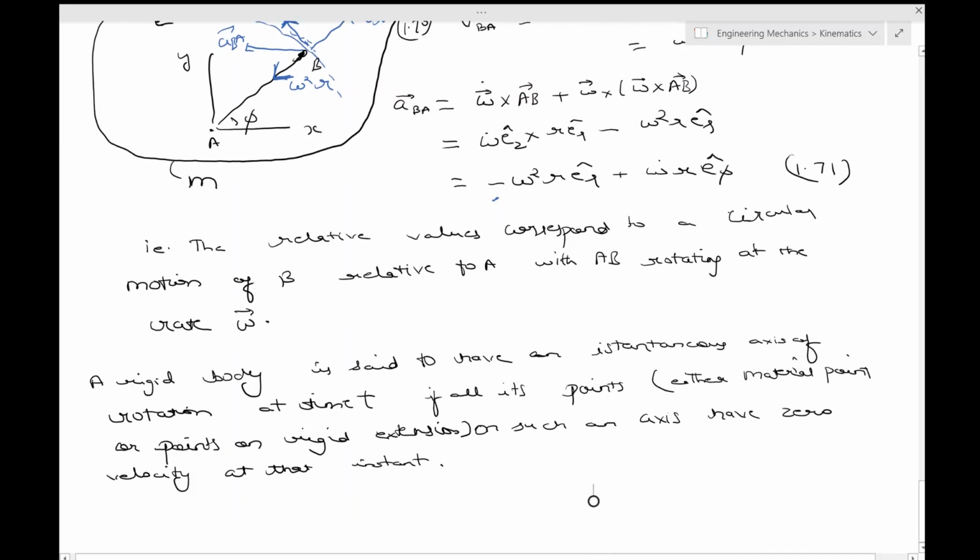A rigid body is said to have an instantaneous axis of rotation at time t if all its points on such an axis have zero velocity at that given instant. One of the most important points is that it does not always exist.